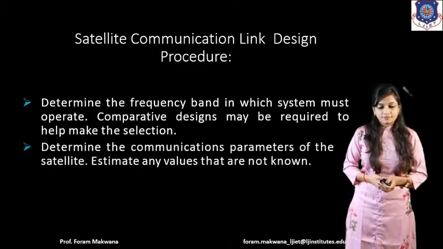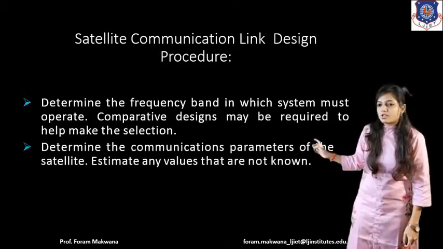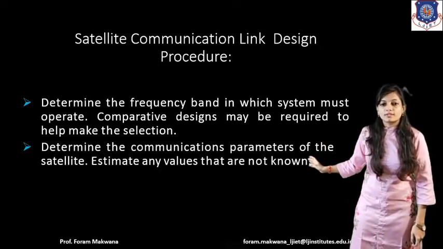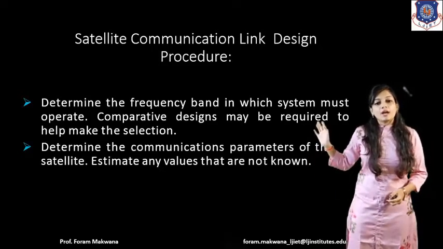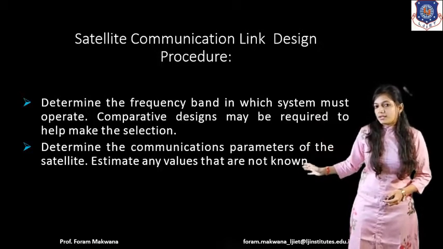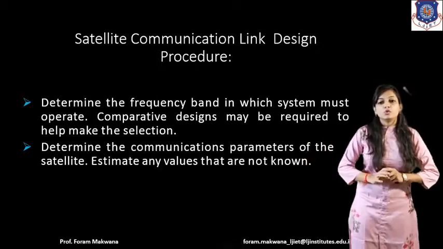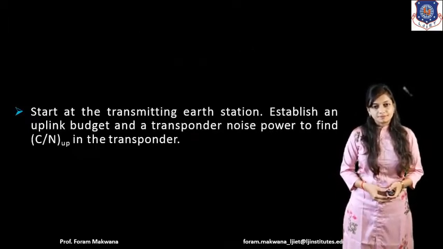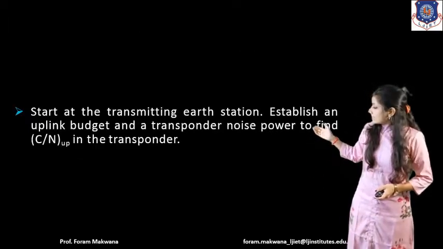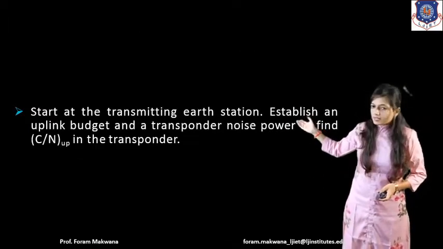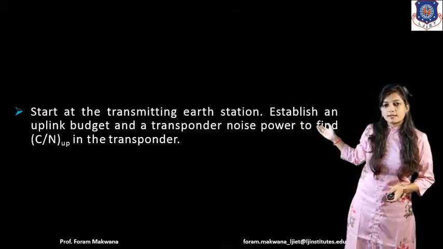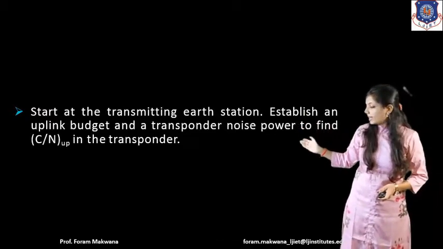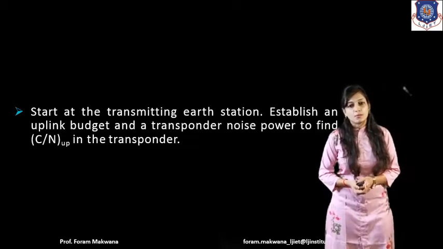Second, what are the different communication parameters for the satellite? We are just estimating any values which we don't know, right? Third, starting at the transmitting earth station, we will establish an uplink budget and transponder noise power. Why?